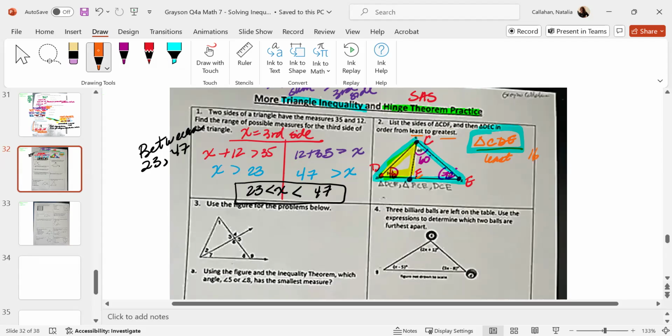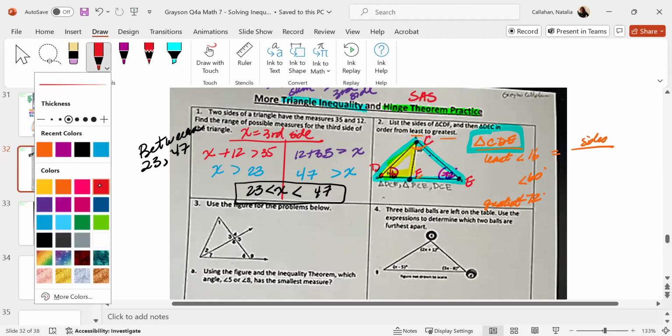So 16 and then the greatest. Which one do you think is the biggest one? 72. No, because is 60 the whole thing, or is 60 just in the, it doesn't say. Is 60 this part right here? All right, so let's do 60 and then 72, right? These are the angles. Now, the sides opposite this, what side is opposite of 16?